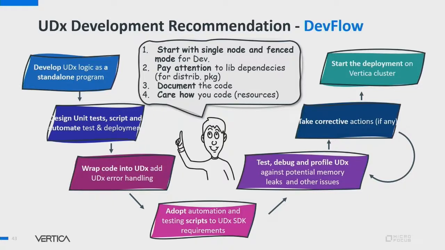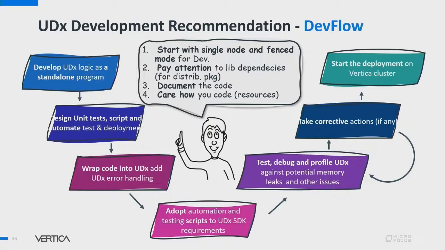So when we need to use a particular lib as a dependent lib, also take note how to install it, how to compile it, and so on, because it will save a lot of time during the deployment on the test environment. Document the code very well, and also name the variables in a meaningful way, just to be able to better understand the code, especially if you have a couple of factory functions for different UDXs.